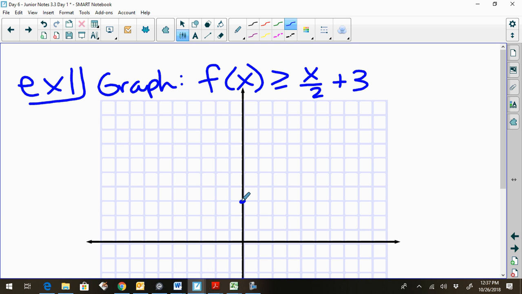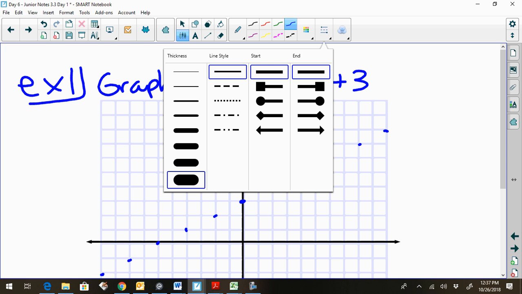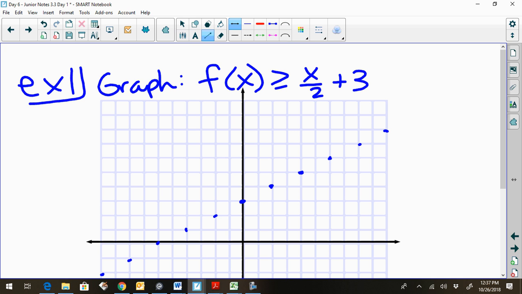And we have a slope of 1/2, so we go up 1 over 2. And we continue this as far as we can. It's greater than or equal to, so it's a solid line. We connect it.